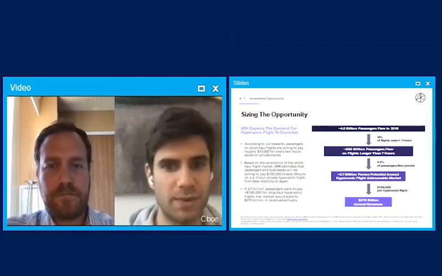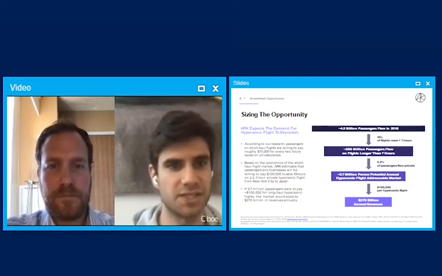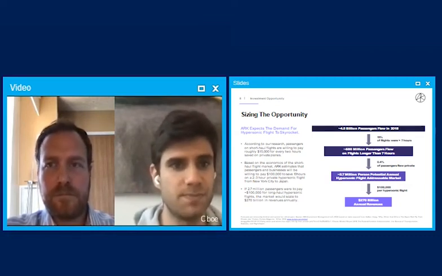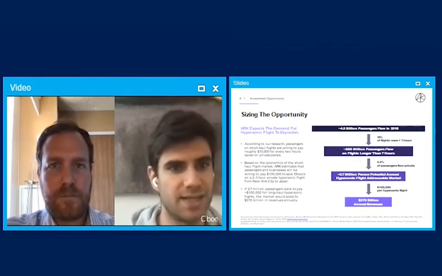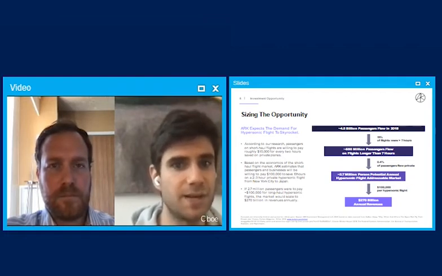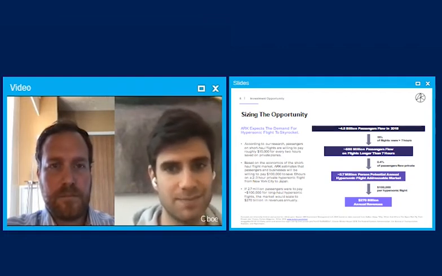And the way we get to this $100,000 ticket to start is by what people are willing to pay for private today based on time savings. And that comes out to roughly $15,000 for every 2 hours saved on a private plane.